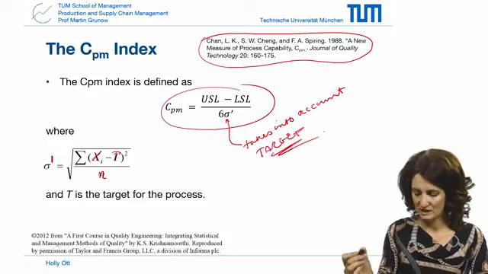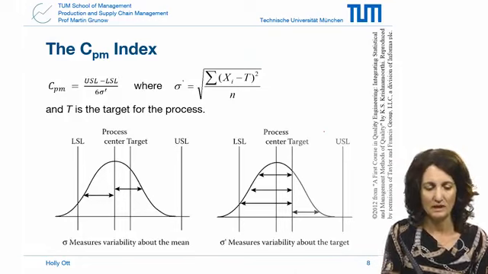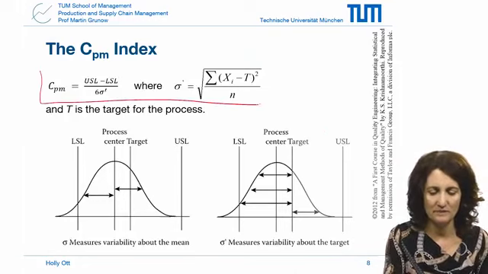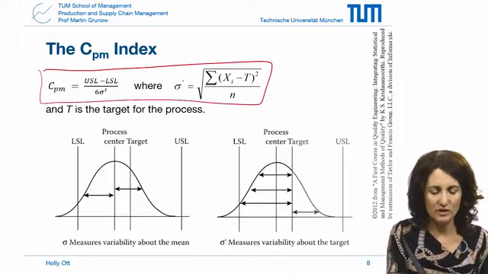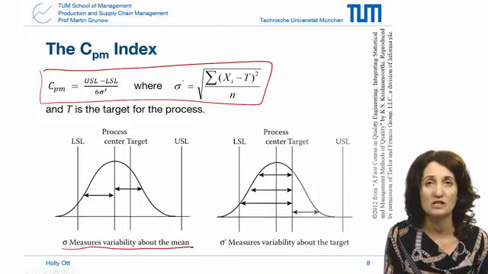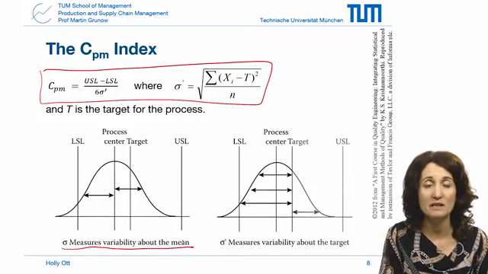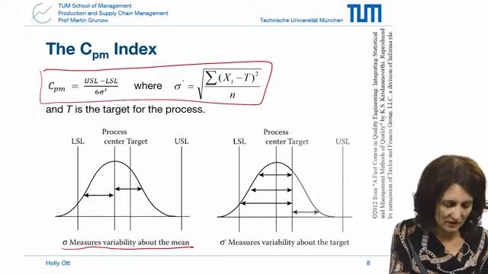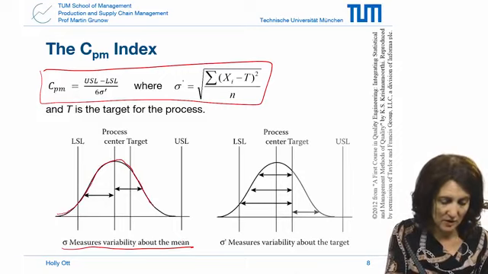Now let's look at what this means. So here again is the CPM definition. What you see here on this side is sigma, our population standard deviation, which is measuring the variability of the individual values. So here are our individual values, all different, and we're modeling them, of course.